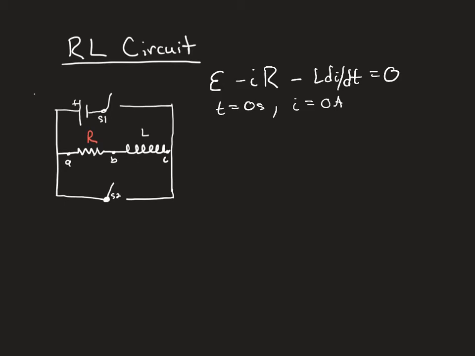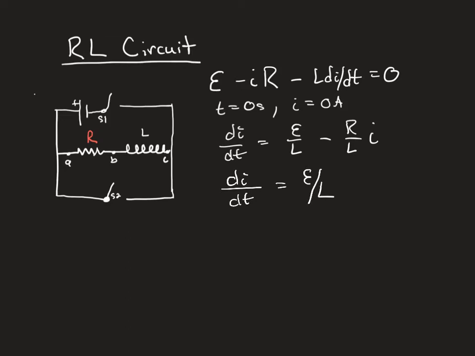If I rearrange Kirchhoff's law to solve for the change in current with respect to time, and then plug in our initial conditions such that the current is equal to 0, this term drops out because anything times 0 is 0, and we end up with the change in current with respect to time is related to the ratio of the EMF to the inductance.